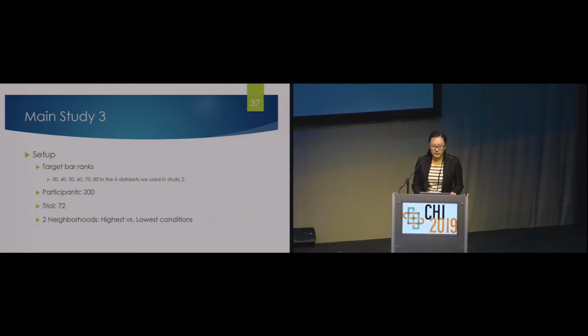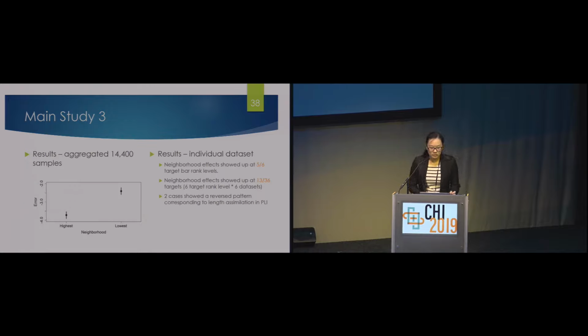Similarly, we improved pilot study 1 by reducing the number of data sets and increasing the number of target bar levels. We have around 200 participants in total, and this time we only test between two neighborhood conditions, that is the highest and the lowest condition. The results show that we can see a very clear neighborhood effects when we aggregate all the data sets together.